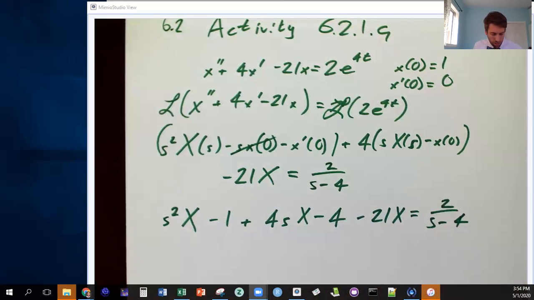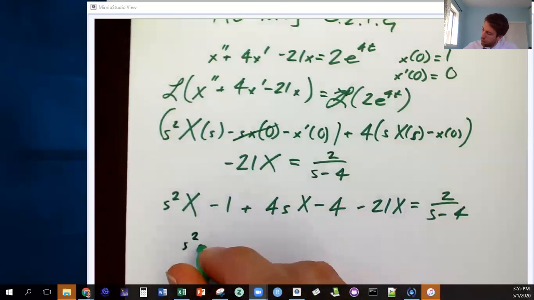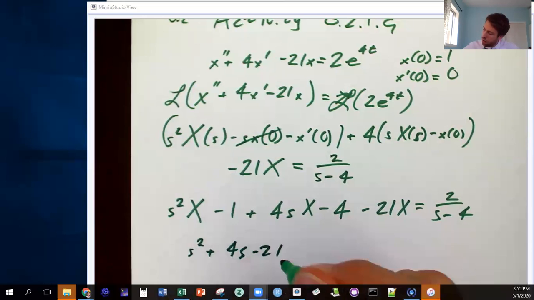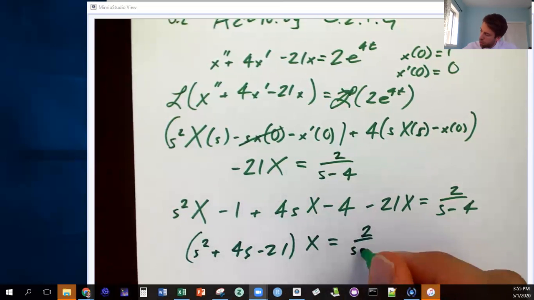so then we want to solve for big X. Let's see. Move everything over. So I've got s squared plus 4s minus 21 times X equals 2 over s minus 4.